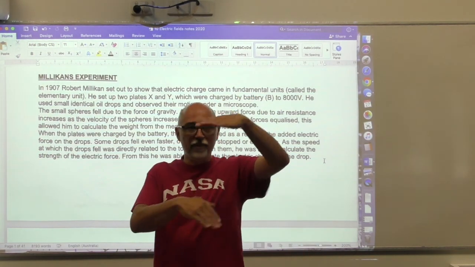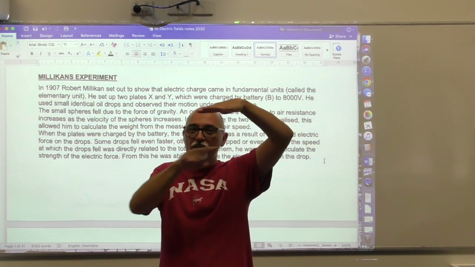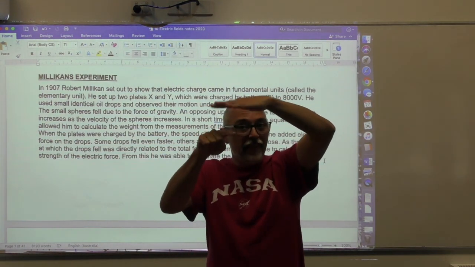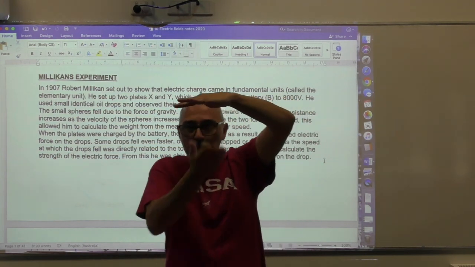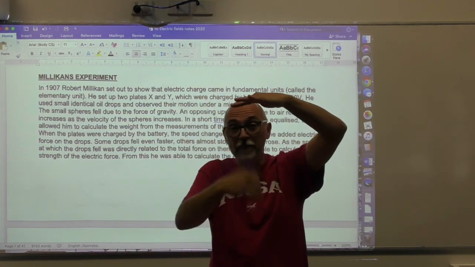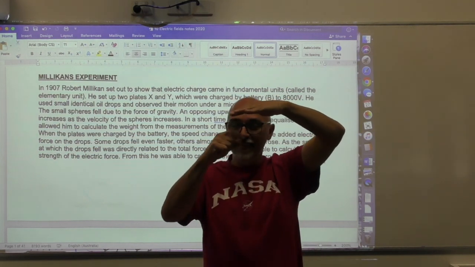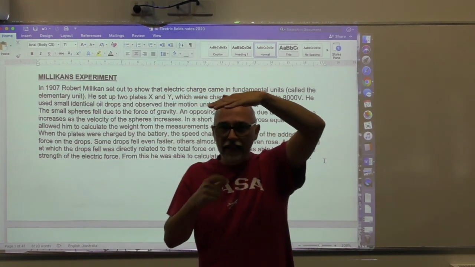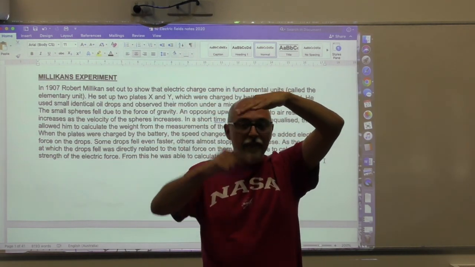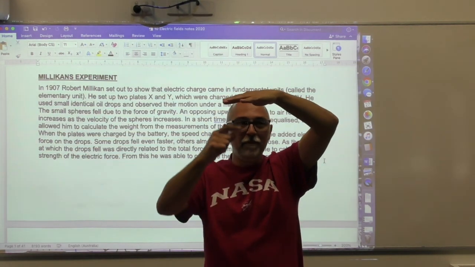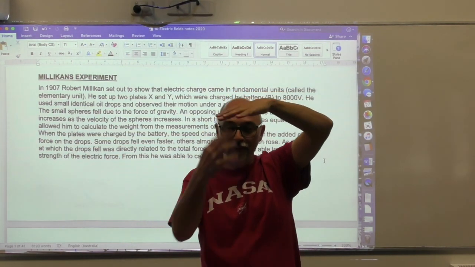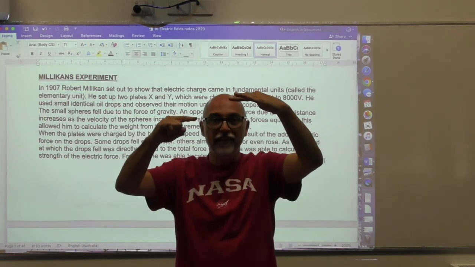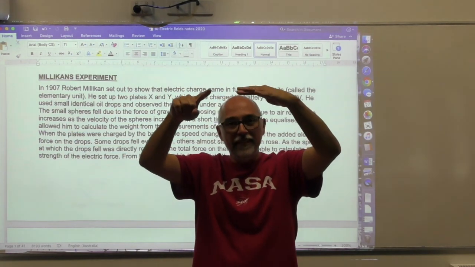By adjusting the voltage between the plates, he could overcome gravity, so that the electric force up on these particles was equal to mg, and the particles would hover in between the plates and not move. If he reduced that electrical force, they'd start to fall, and he would be able to measure their terminal velocity falling through air. And if he ramped up the field, he could make them shoot the other way and hit the top plate, completely overcoming gravity.